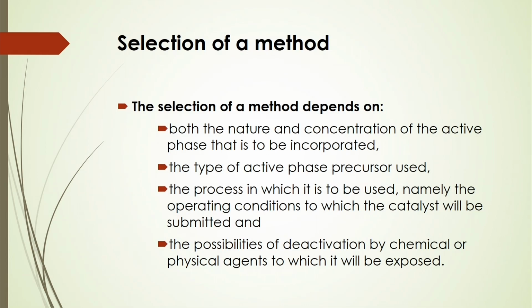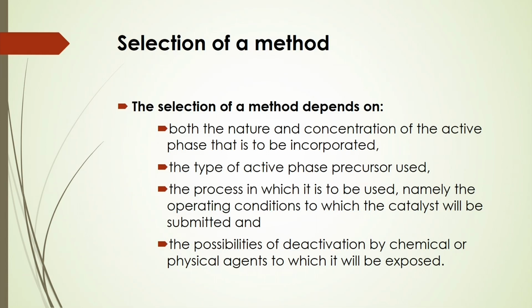Now, how to select the active phase material? Both the nature and concentration of the active phase to be incorporated, the type of active phase precursor to be used, the process in which it is to be used, namely the operating conditions to which the catalyst will be submitted, and also the possibilities of deactivation by chemical or physical agents to which it will be exposed.